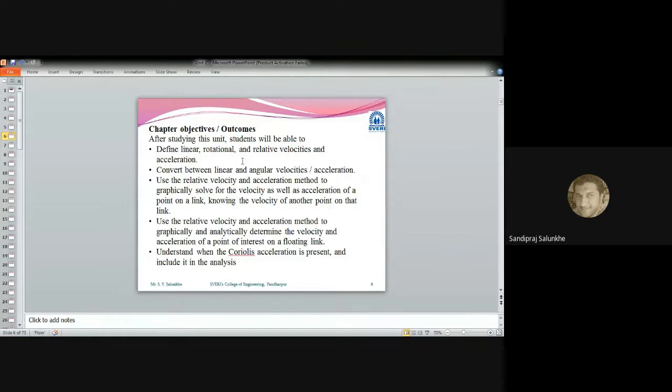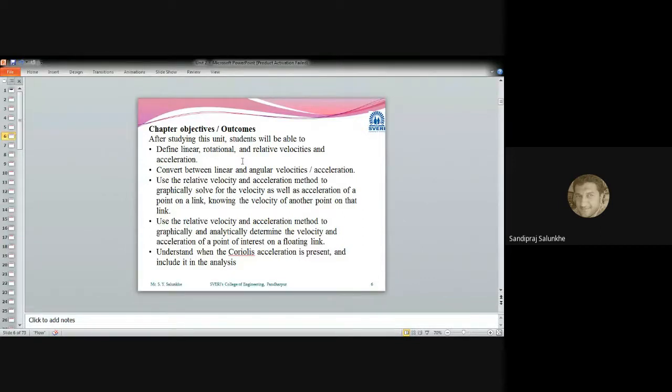After this unit, we will be able to define linear, rotary, and relative velocities and accelerations in the mechanism. Then convert between linear and angular velocities and accelerations: how we can convert linear velocity into angular velocity and linear acceleration into angular acceleration.